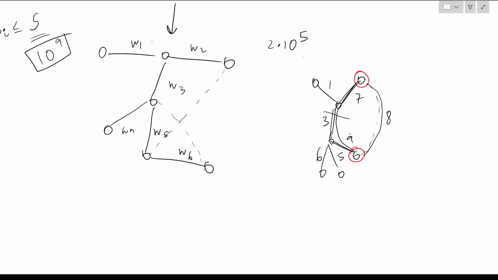And therefore, if this path has weights 9, 3, and 7, this must have weight at least 10. And so we simply need to compute the number of ways we can select this edge's weight from 10 to the upper bound s.